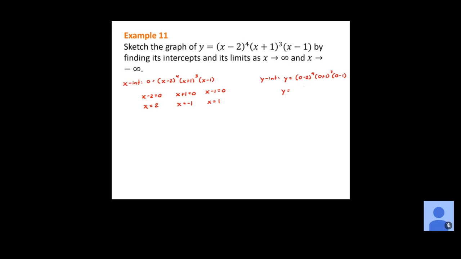That's going to give us what? Good, positive 16. Then we have 1 to the third power. Well, that's just 1. And then we have 0 minus 1. That's a negative 1. So overall, that y-intercept is going to be what? Negative 16.